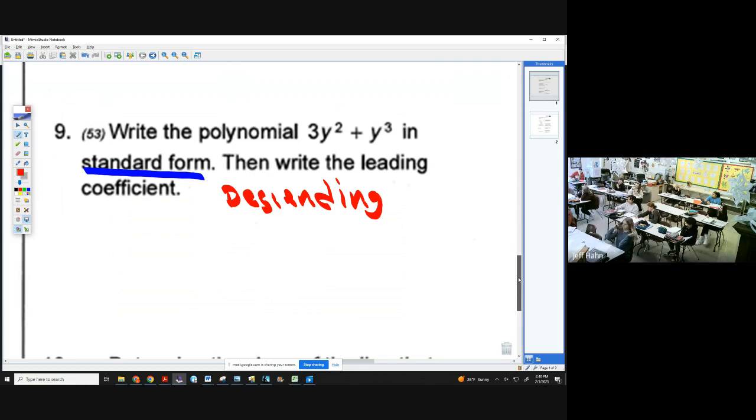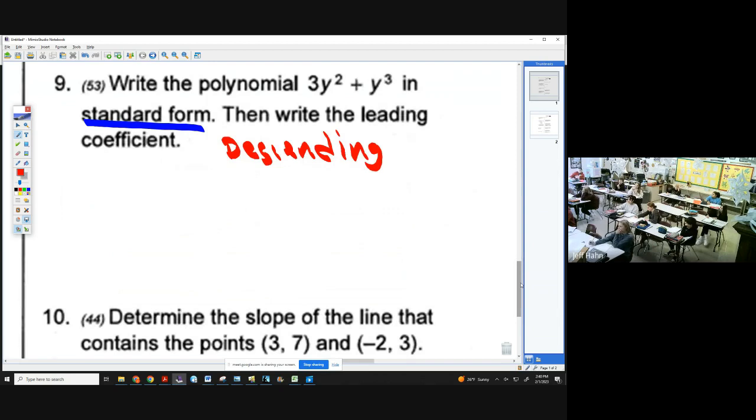I can't think of the word. Descending order of... degree. Descending degree.